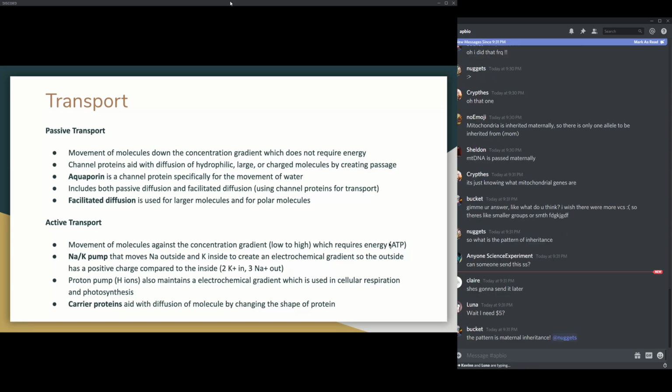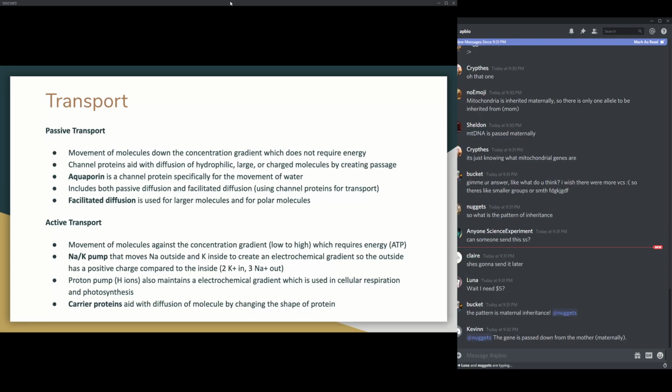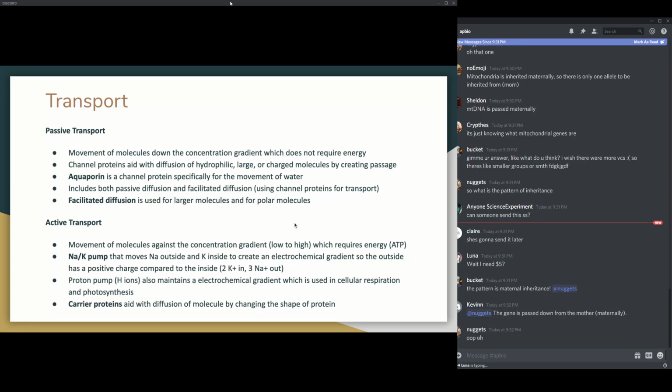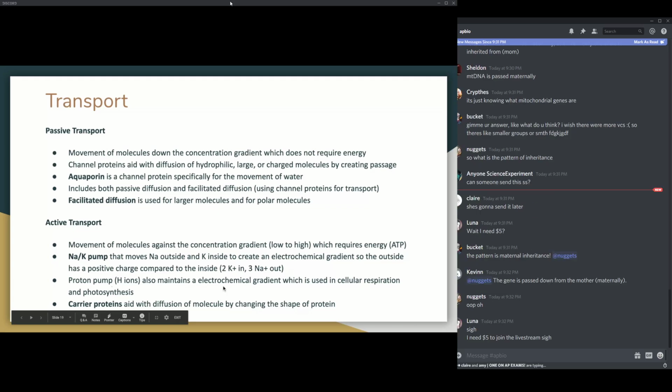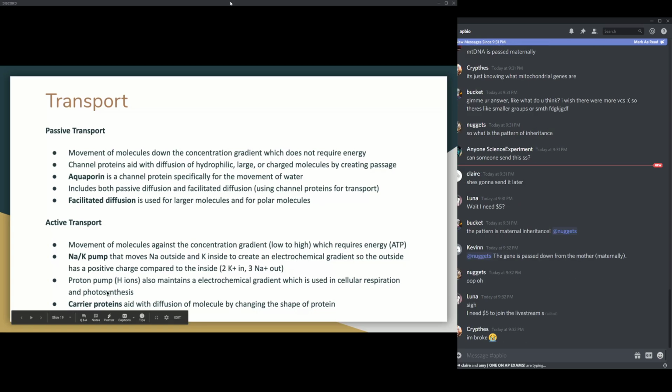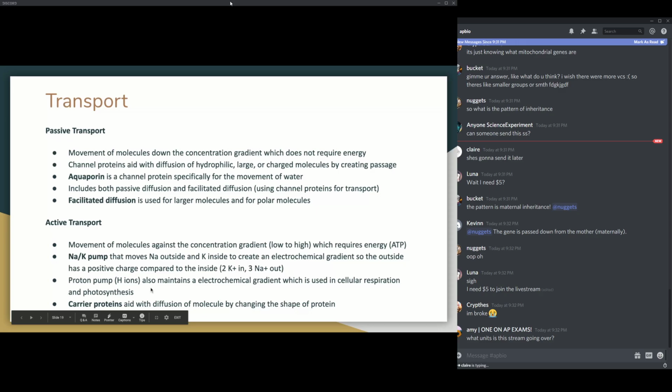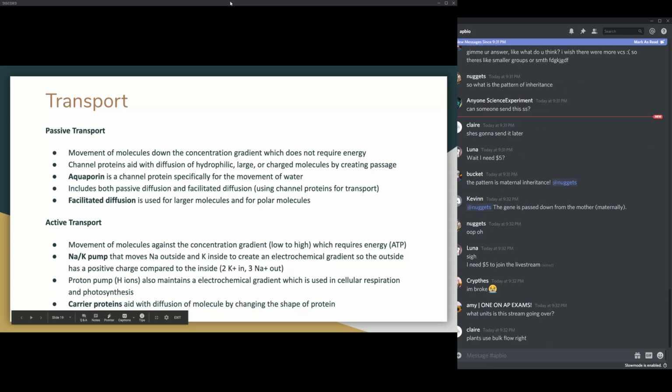But most active transport mechanisms at the plasma membrane are mainly going to use ATP. Proton pumps also help maintain electrochemical gradients, which are used in cellular respiration and photosynthesis. That's what I think you guys meant by it not requiring ATP.